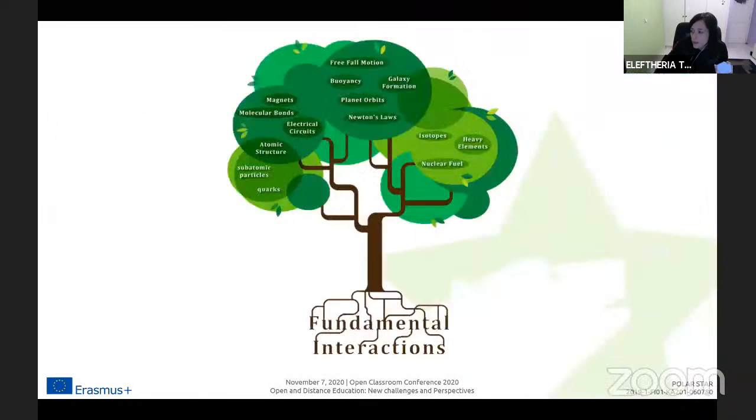And then, for example, this could easily be a personal map where you depict the big idea as a tree, and each basic idea is depicted by a leaf or a fruit on that tree.